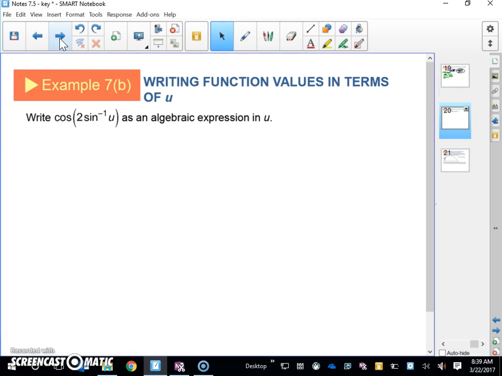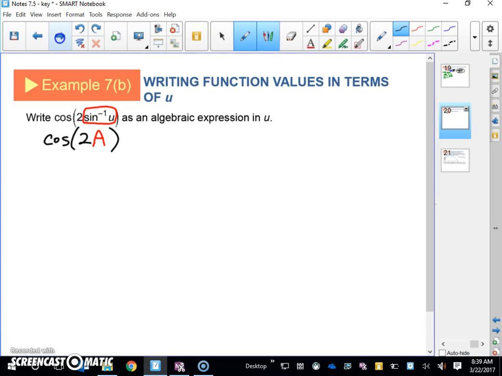So let's look at 7b. It's pretty much the same thing. We're writing an expression in terms of u. But again, look at your inverse trig function here and understand that that's an angle. You call it a or theta or whatever, it doesn't really matter. If you understand that that part is an angle, you're going to recognize cosine 2a, which would force you to look at your formulas probably.